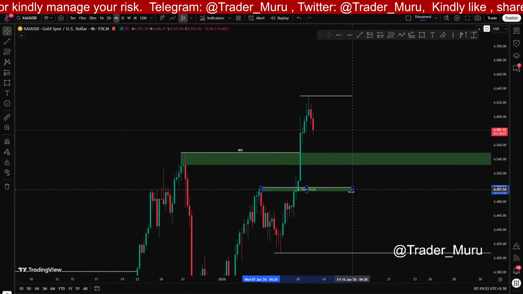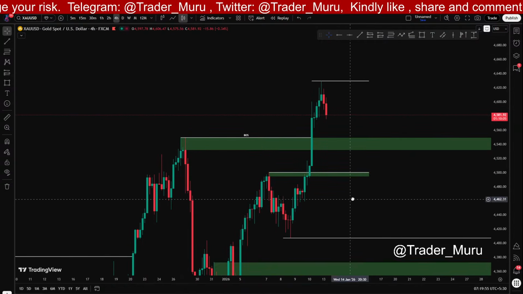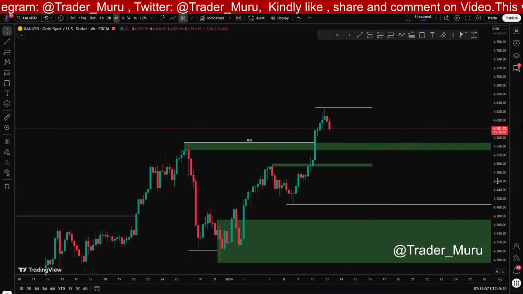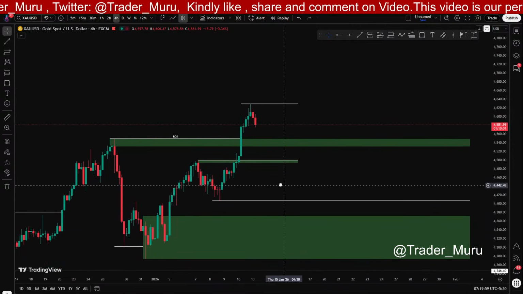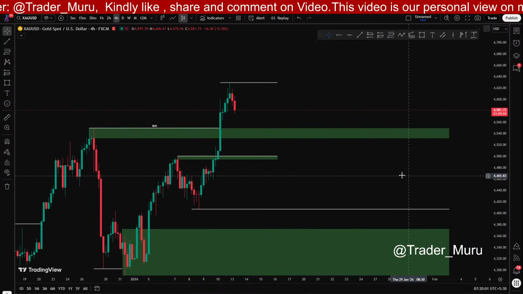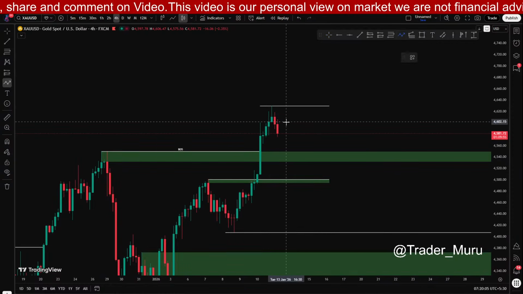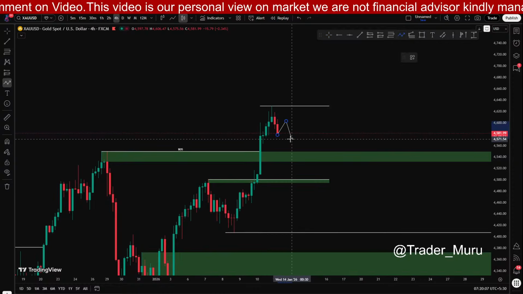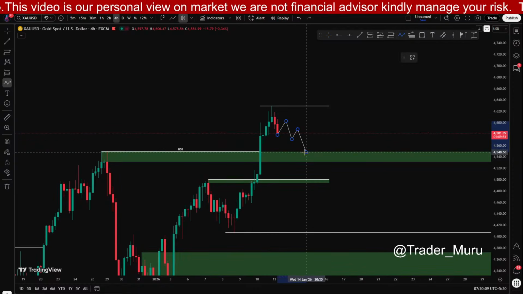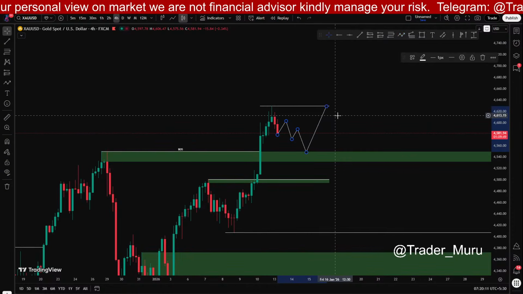This one. So it's possible that we see a slow decline towards this zone and pump.